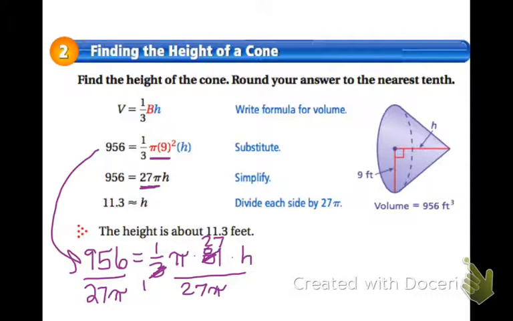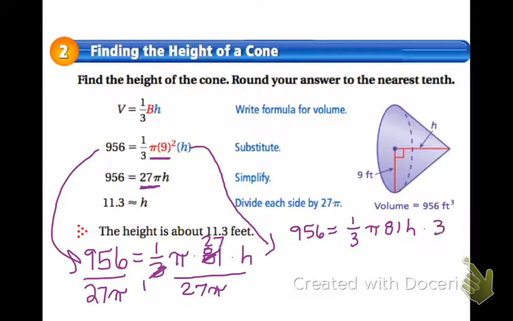So you're dealing with dividing by 3 or multiplying by 1/3 before dividing. If you didn't do that, let's just imagine we got to this step when we came down. So we have 956 is equal to 1/3 times 81h. Another way to undo multiplying by 1/3 is to multiply by the reciprocal of 1/3, or multiply both sides by 3.